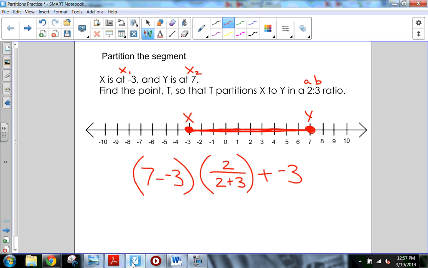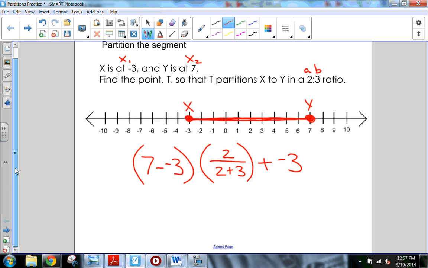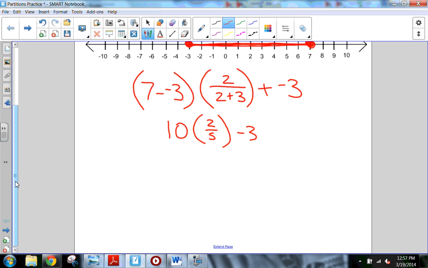That's the formula with everything plugged in. When I work it out, 10 times 2/5 minus 3, we get t equal to 4 minus 3, which is 1. t is equal to 1.